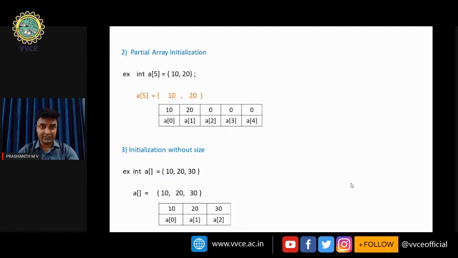If you check there, 10 will go to the a of 0 position, 20 will go to the a of 1 position, but a of 2, a of 3, a of 4 will be 0. You did not enter that 0. The compiler itself will place 0 in those places. That is the default value. So this is called partial array initialization.